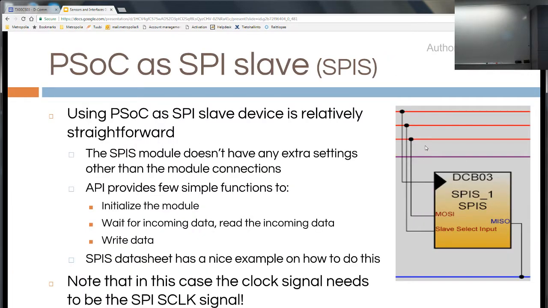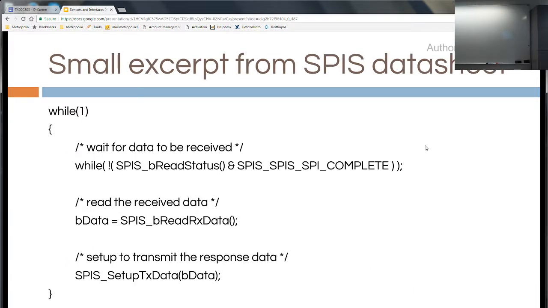Yeah, and PSoC has an SPI slave, and it also has an SPI master.